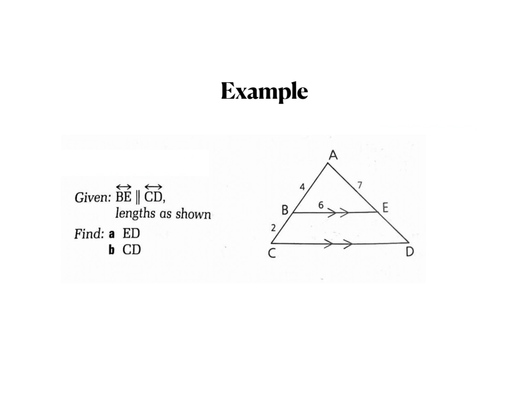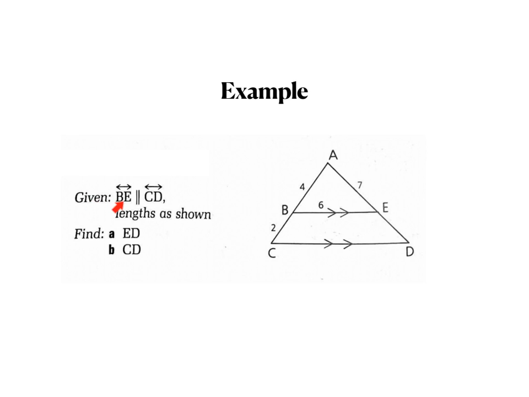So let's do an example involving that. And if you studied honors geometry, they would call this the side splitter theorem. So if you have a segment that's parallel to the opposite side of your triangle, it divides the sides proportionally.